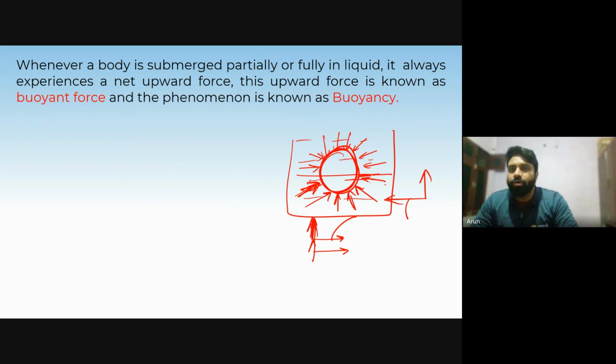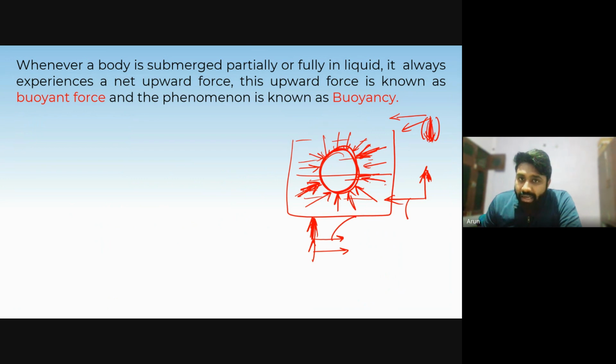is in the upward direction. You can also say, sir, this component which is acting on the upper half has a component on the downside, so it will cancel out the upward component. No, because this component is because of the pressure, and as the depth increases, the pressure will increase.